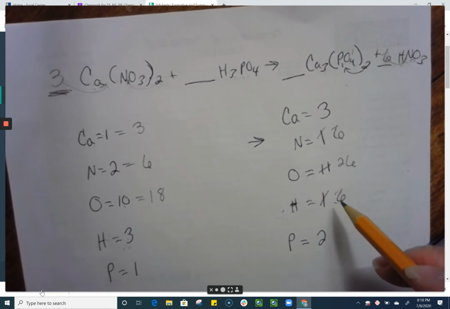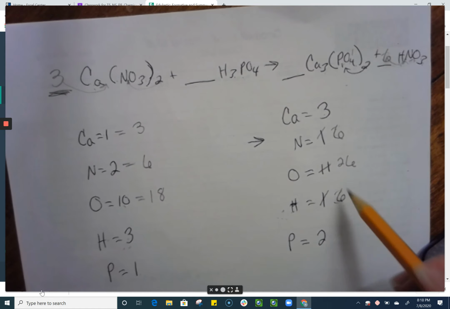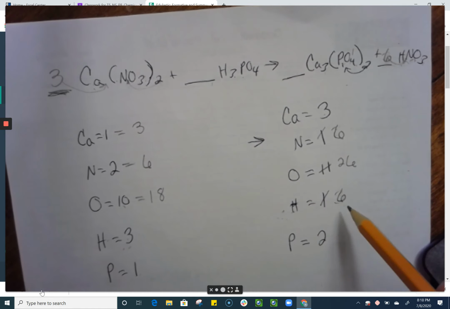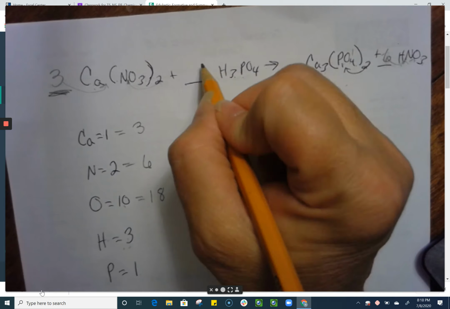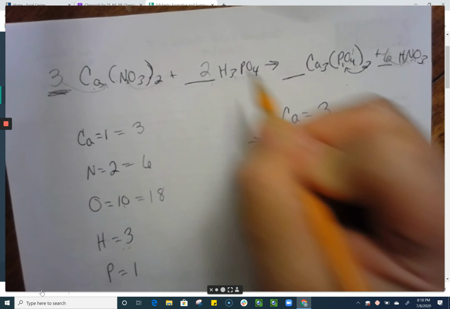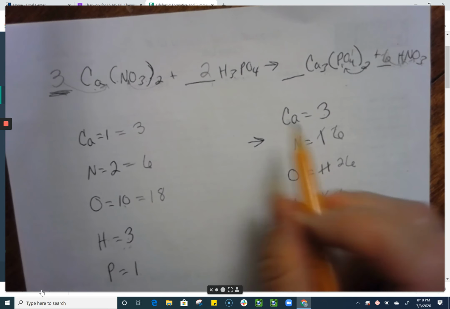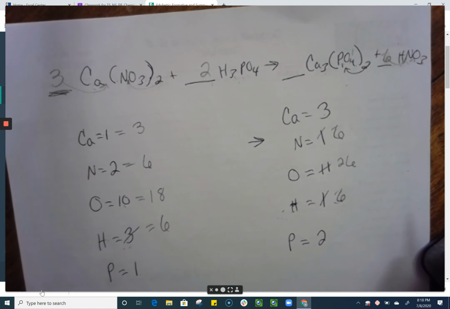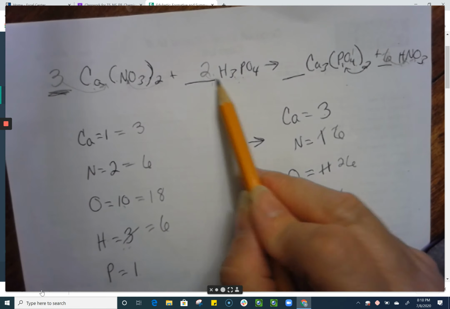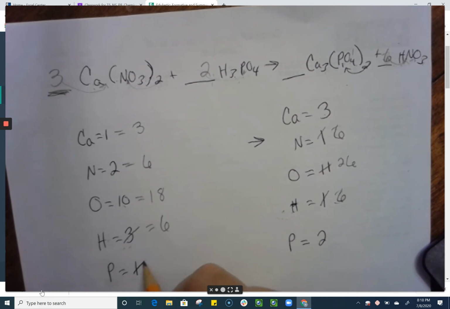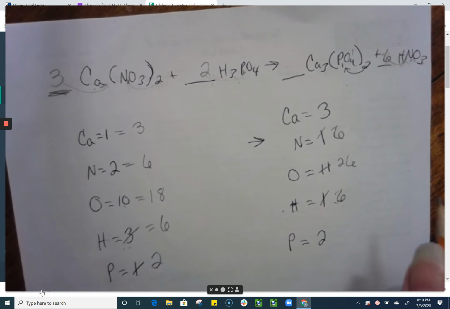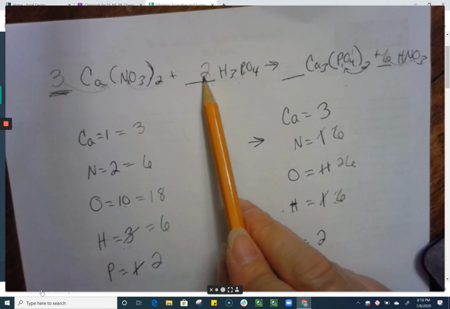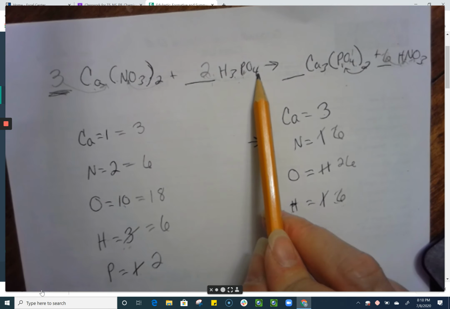All right. So I'm up to 6 hydrogen. I have 2 there. So let me try 3 here. So 2 times 3 is going to give me 6 hydrogen. And 2 times 1 is going to give me 2 phosphate. And 2 times 4 is going to give me 8.